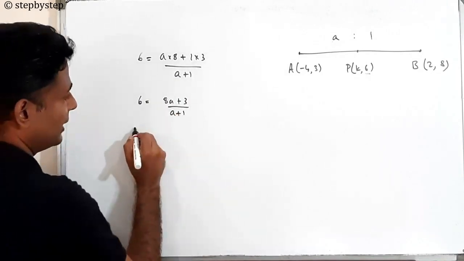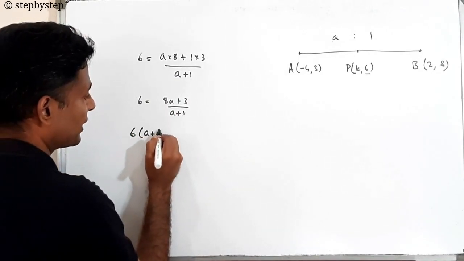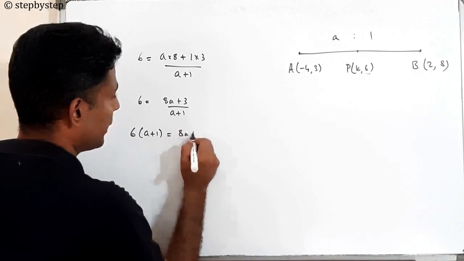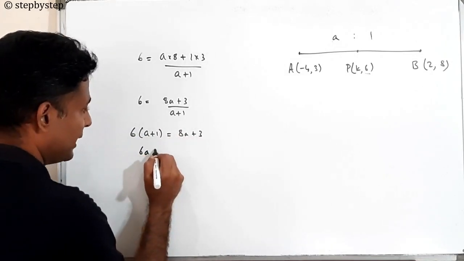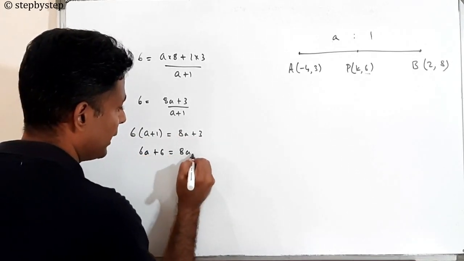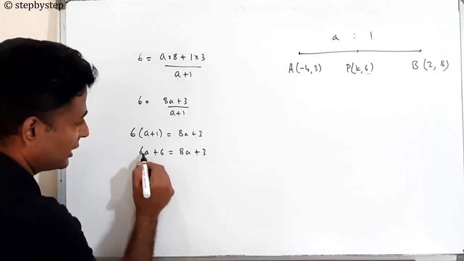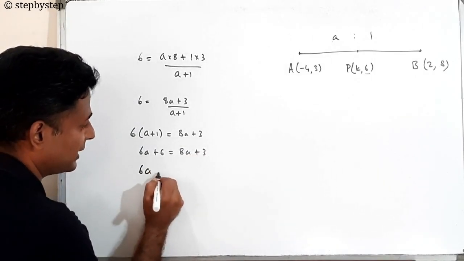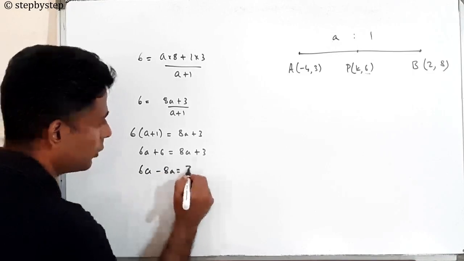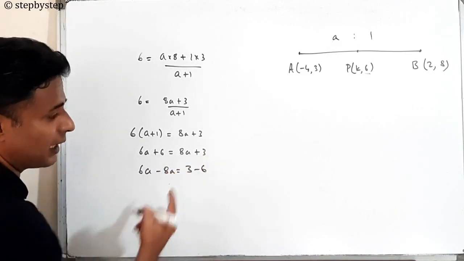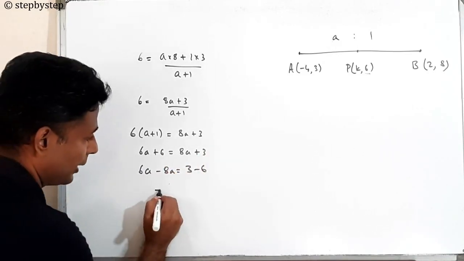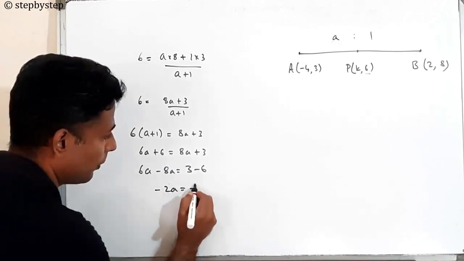I transpose a plus 1 to this side, 6 into (a plus 1) equal to 8a plus 3. This becomes 6a plus 6 equal to 8a plus 3. Now I will transpose 8a to this side, so it becomes 6a minus 8a equal to 3 minus 6, by transposing 6 to the other side. So I get minus 2a equal to minus 3.